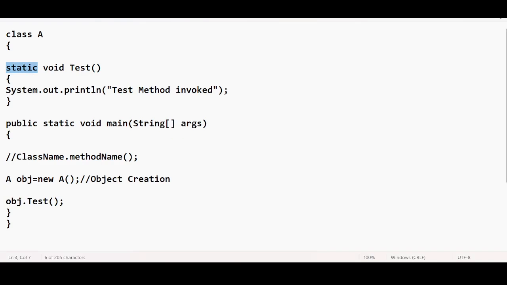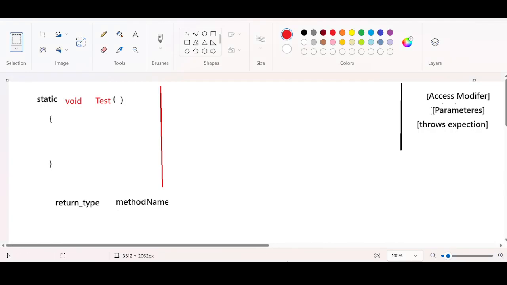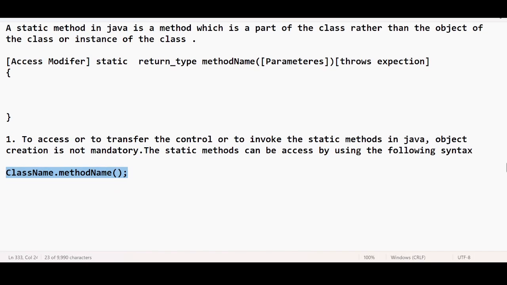So the conclusion is, to access or transfer, you can do this, or you can also create an object: class name obj equal to new class name. To access a static method, you can use this syntax, or you can also use this syntax.